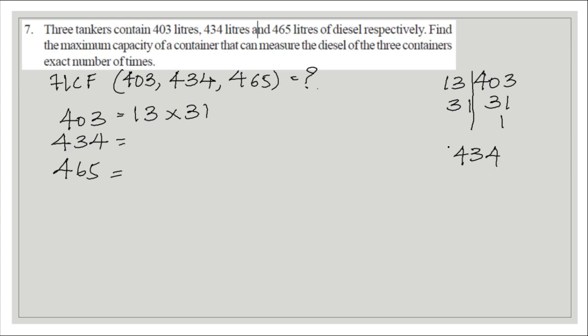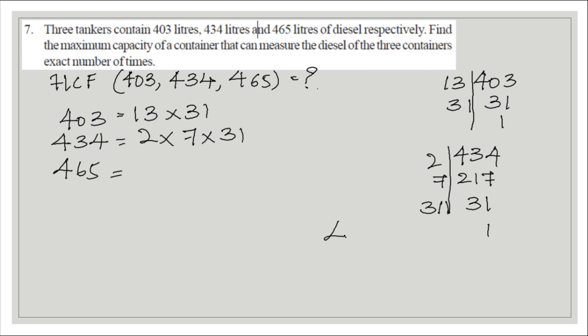434 is divisible by 2, 2 twos are 4, 2 sevens are 14. This number is not divisible by 3, it's divisible by 7, 7 threes are 21, 7 ones are 7, so 31 one time. So this is 2 multiplied by 7 multiplied by 31.